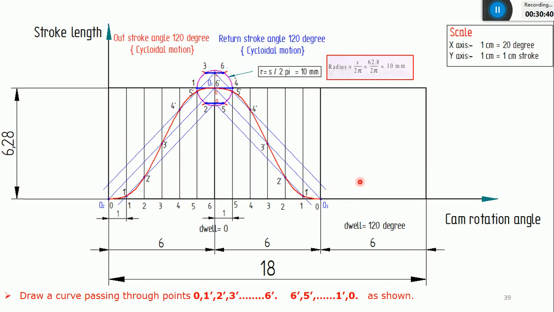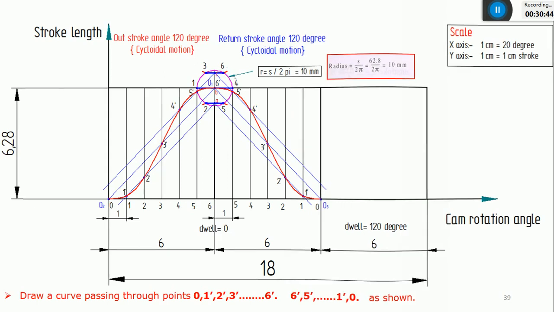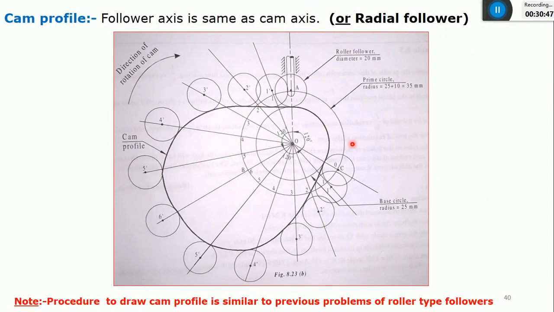After drawing this displacement diagram, I'll go to the cam profile. In the problem it is mentioned that the type of follower is a radial follower with a roller as a follower. It is also called radial because the axis of the follower and the axis of the cam are in the same line.